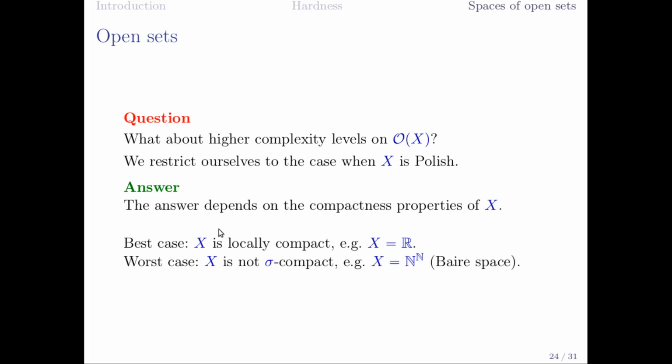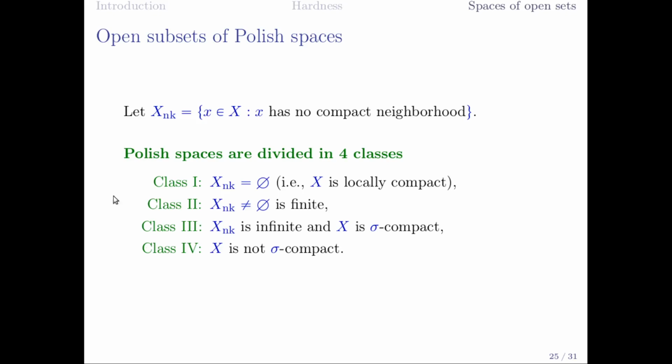The best case is the case when X is locally compact, for instance the real numbers, and the worst case is when X is not sigma compact, for instance the Baire space. So we introduce a classification of Polish spaces into 4 disjoint classes. They cover all the Polish spaces. So we start from the locally compact ones, class 1, and we end up with the non-sigma compact spaces, class 4.